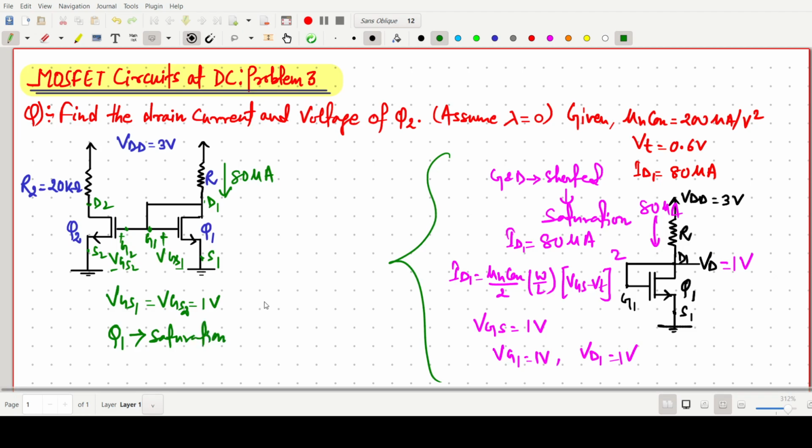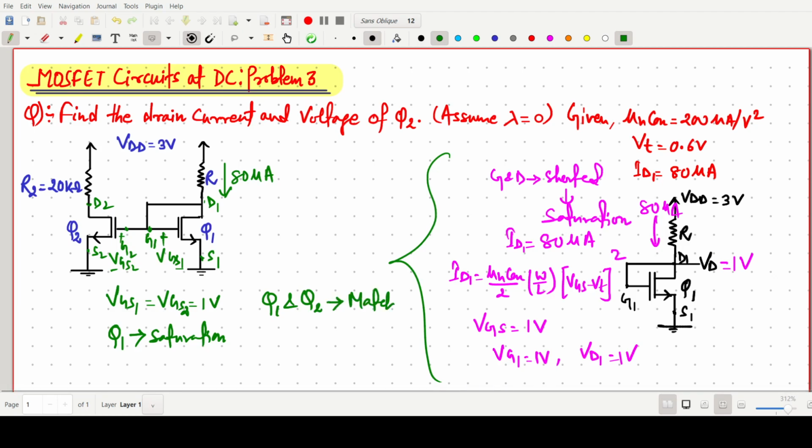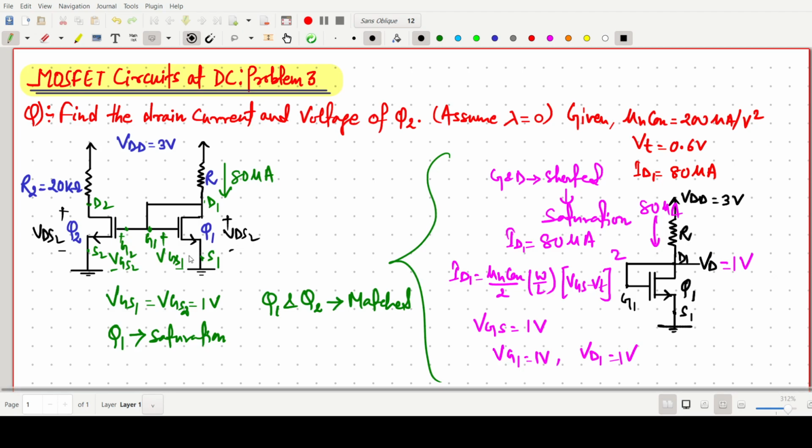Okay, and both the transistor Q1 and Q2 are matched, having the same values of mu1 Cox everything. So one can easily say this gate to drain to source voltage VDS2 will be nearly the same. Okay, but there will be change due to this resistance that is connected. So now this Q1 and Q2 are matched.